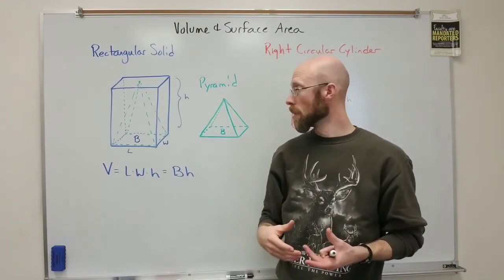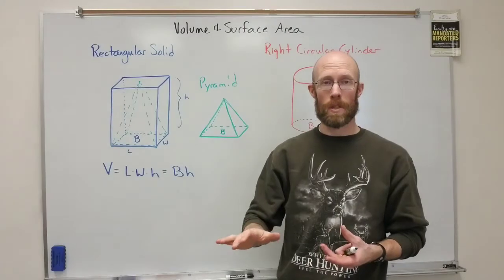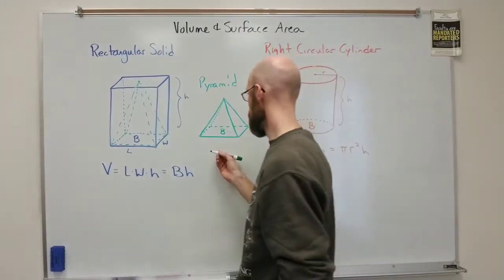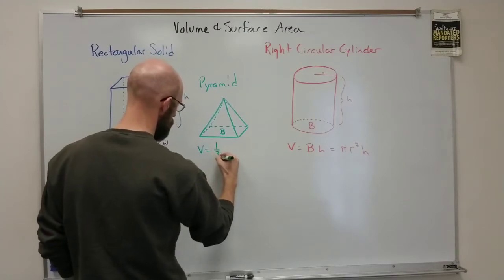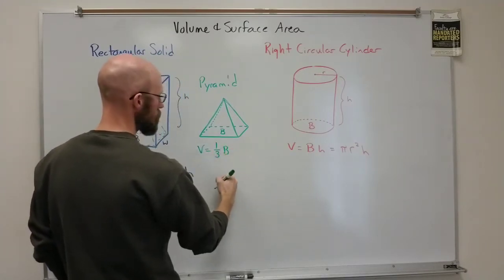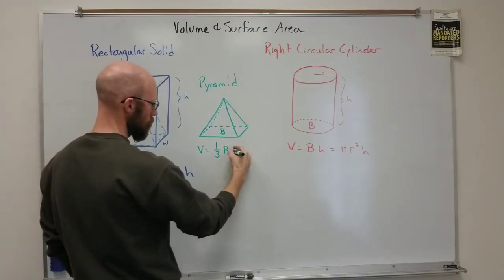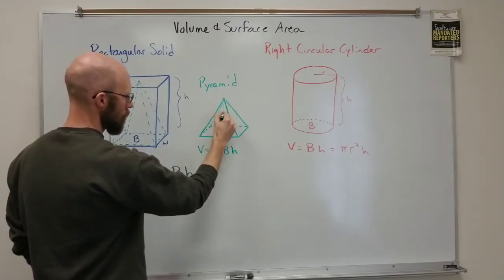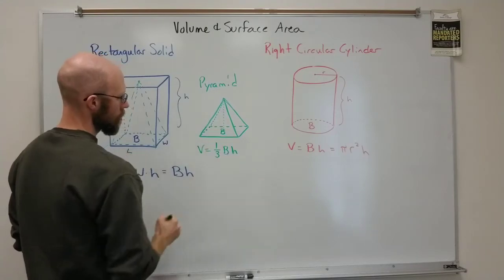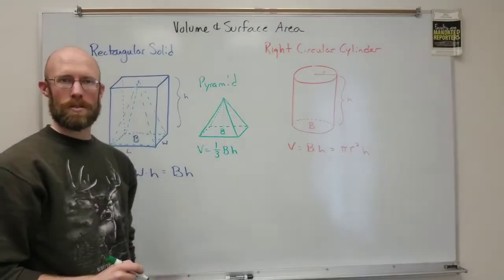Now there's some reasons for that. There's a derivation which I'm not going to get into, but the volume for the pyramid is essentially 1/3 the base area times the height, and the height is then this vertical distance down to the center of the base from the vertex. Okay, so that's your height h.